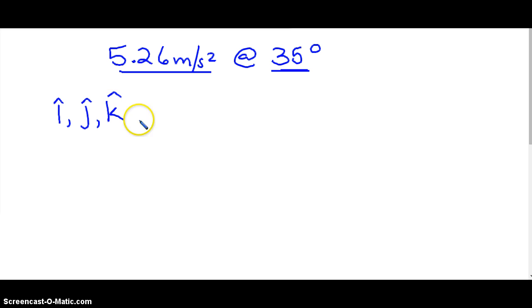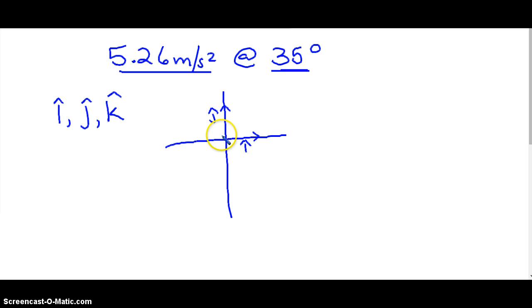What these are is they represent each plane or each direction. This I represents one unit in the x direction. So one unit in the x direction is I hat. That's what that little caret is called, hat. One unit in the y direction is called j hat.